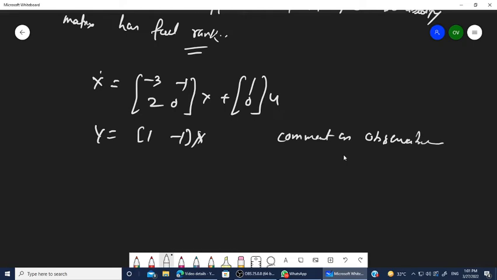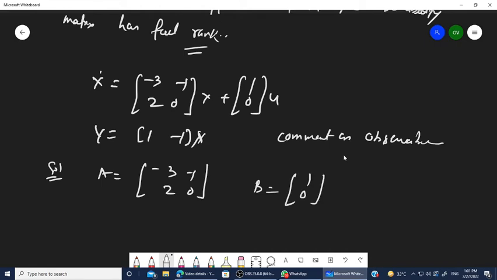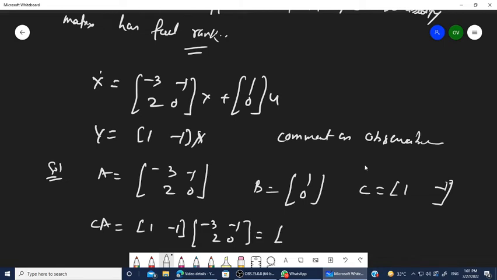The solution is simple. A is given as -3 -1 2 0, the B matrix is given as 1 0, and the C matrix is given as 1 minus 1. So simply CA you can find: 1 minus 1 into the A matrix, and obviously it will give minus 5 and minus 1.